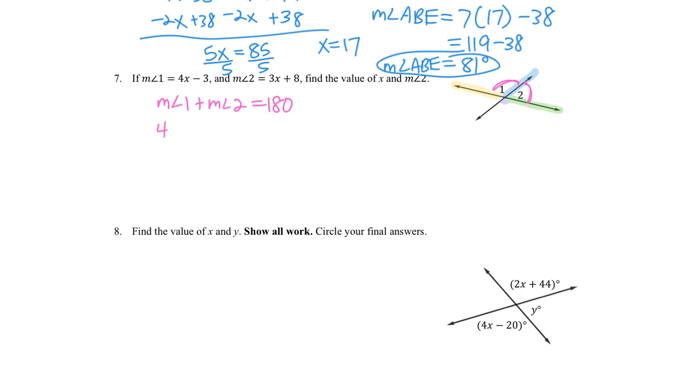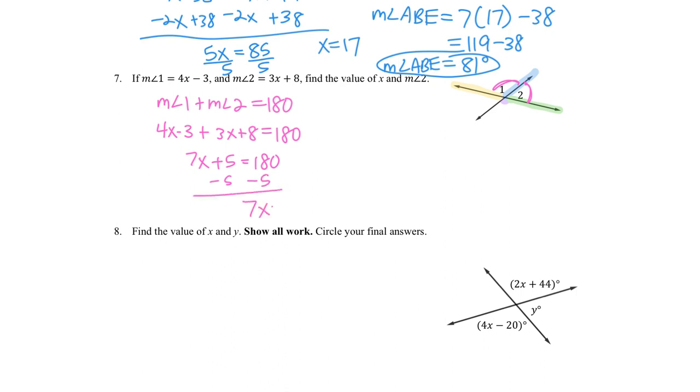So we're going to say that 4x minus 3 plus 3x plus 8 is equal to 180. So that's a linear pair, okay? Some people are getting that confused with number 8, which has vertical angles we're going to utilize there. Let's go ahead and finish this one up because we still have to find the measure of angle 2 as well. So combining like terms, you get 7x plus 5 is equal to 180. Subtract 5 from both sides.